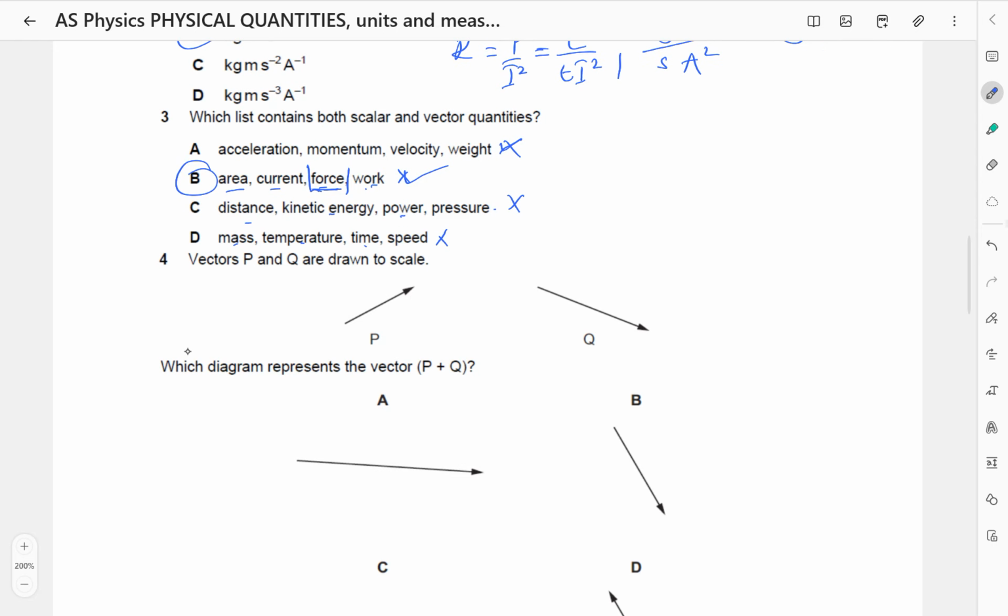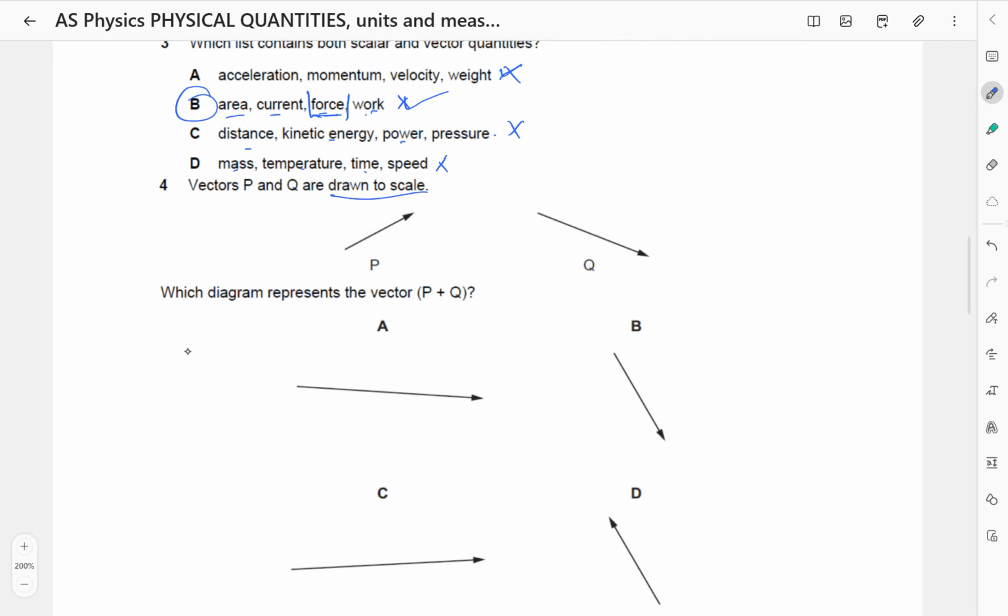Vectors P and Q are drawn to scale. If you have a ruler, you can measure. Which diagram represents the vector P plus Q? If I bring vector Q to P without changing the direction, you just slide it and bring it here.